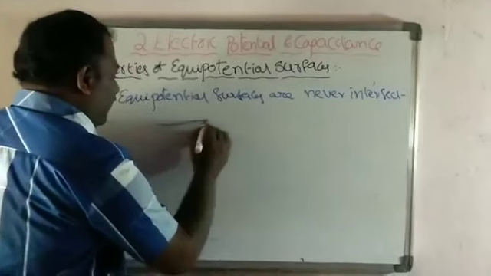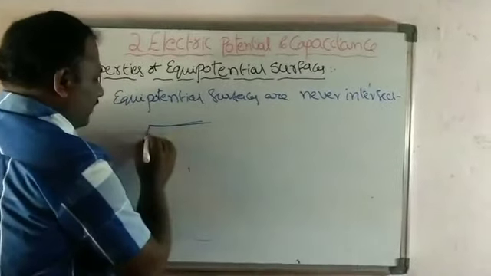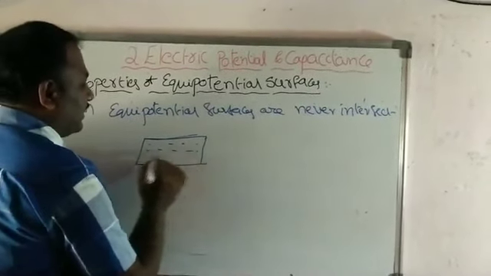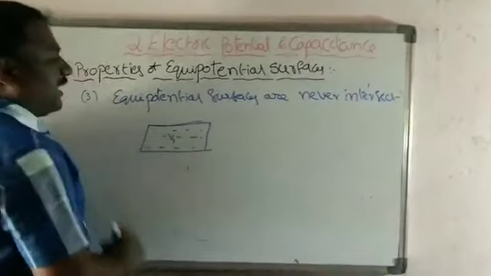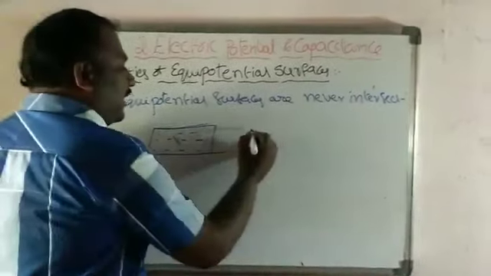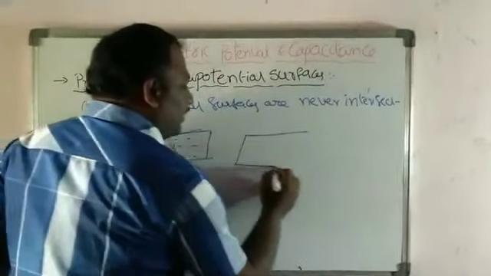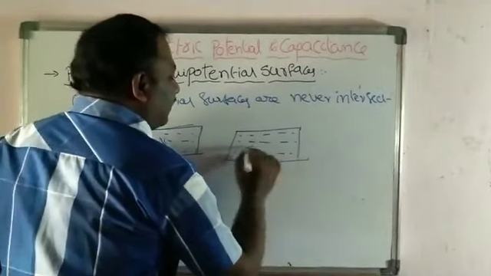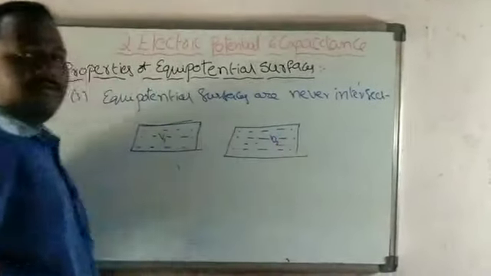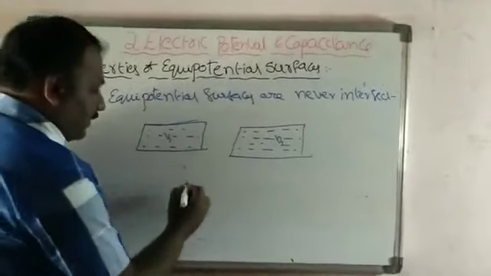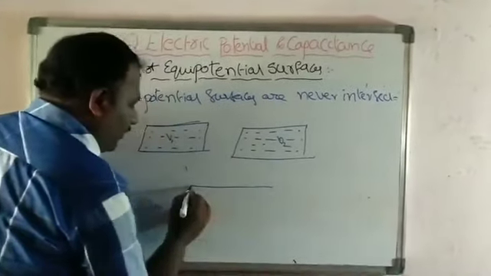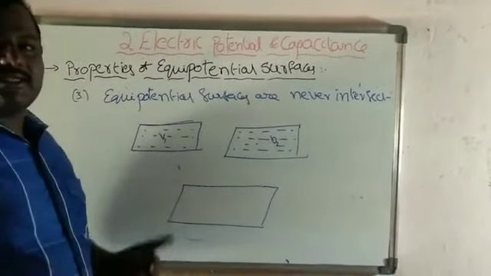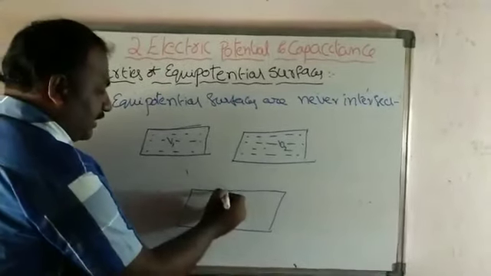For example, if you take one equipotential surface, it is having the same potential at any point, that is taken as V1. You take another surface, it is having the potential at any point on this surface, taken as V2. When we combine these two surfaces, it is formed in this manner.